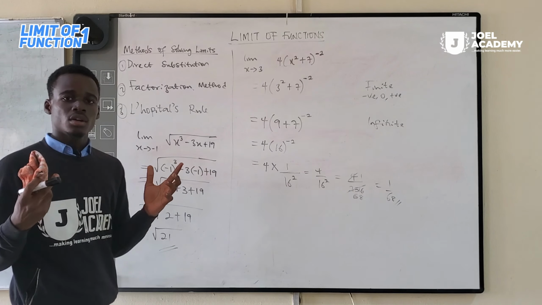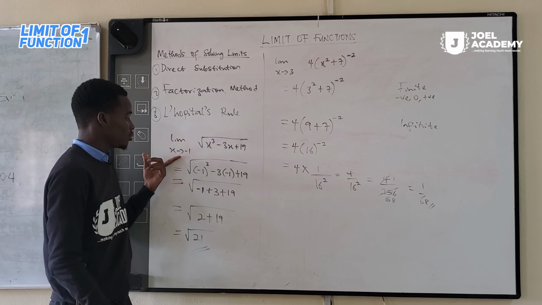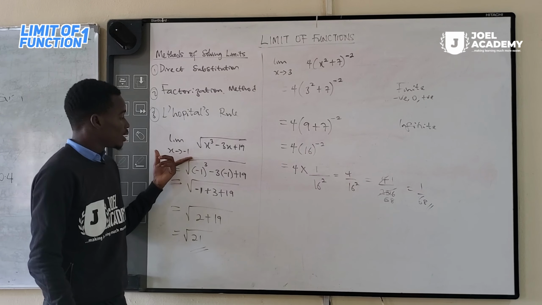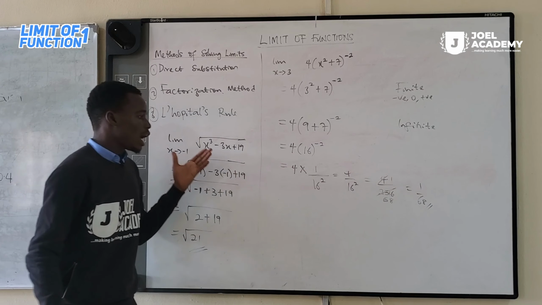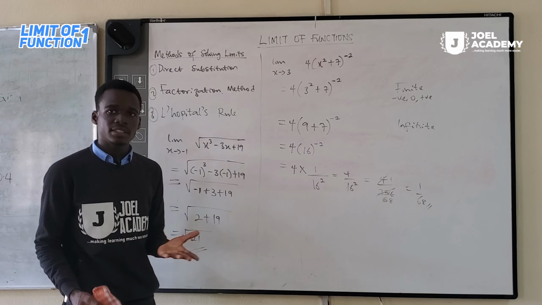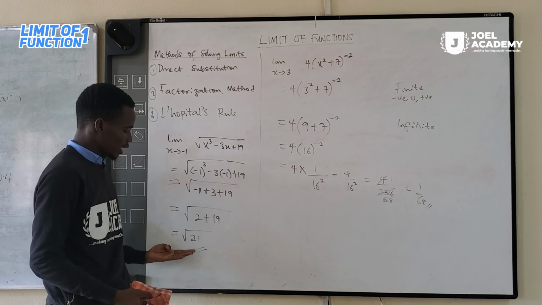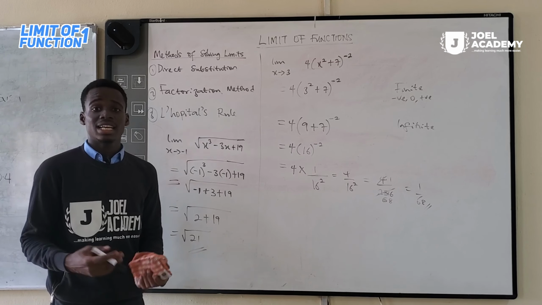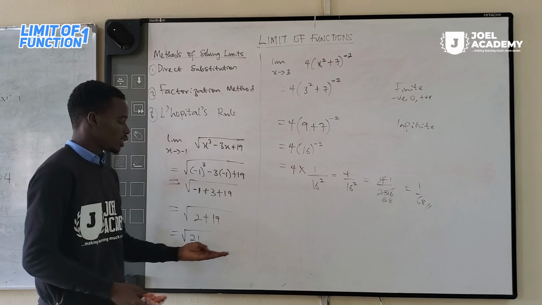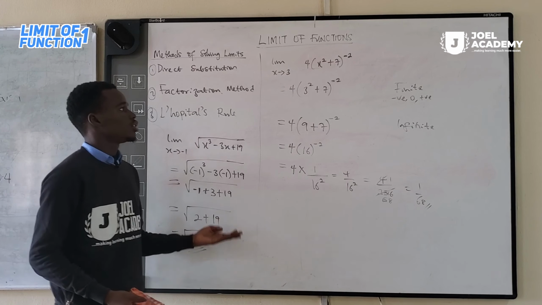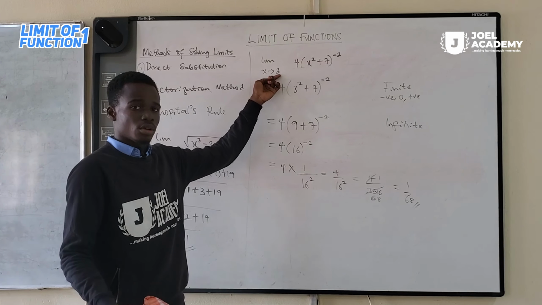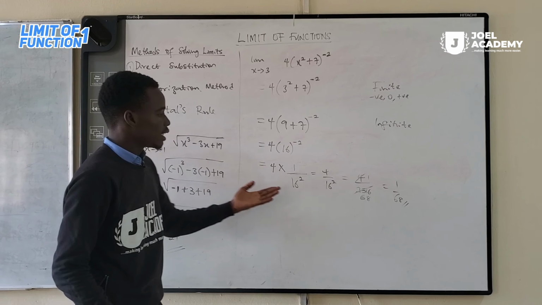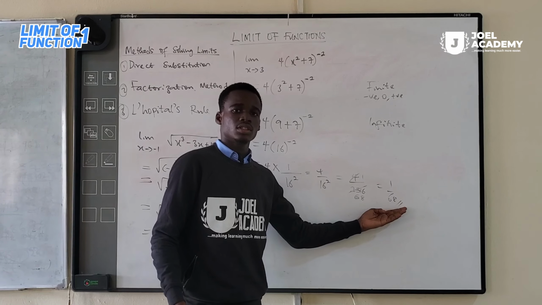So it is normal to say that if I find the limit as x tends to a finite number, our answer should also be finite. So we find that our answer is square root of 21. Square root of 21 has a value, right? It has a positive value. So it's finite. We also have limit as x tends to 3. It's a finite number, and at the end of the day we're having 1 over 68.